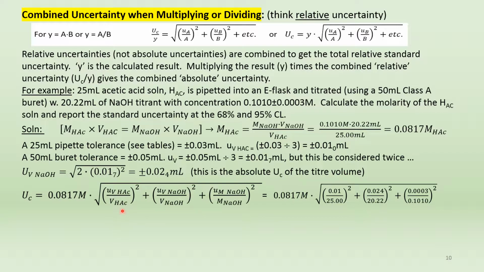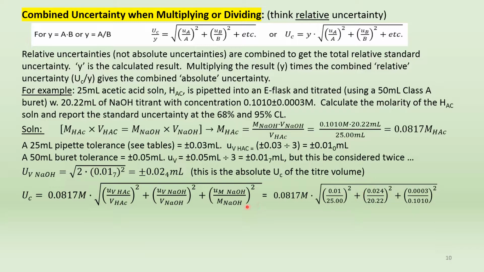So for the acetic acid volume, the uncertainty was plus or minus 0.01 on a 25 ml pipette. For the volume of the sodium hydroxide delivered from the burette, we calculated that to be plus or minus 0.024 on a volume of 20.22 mls.